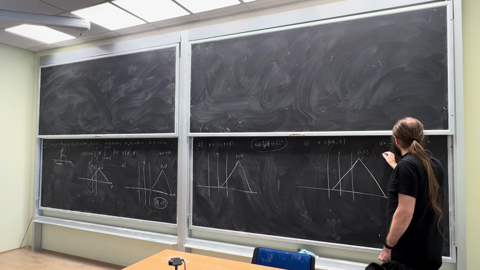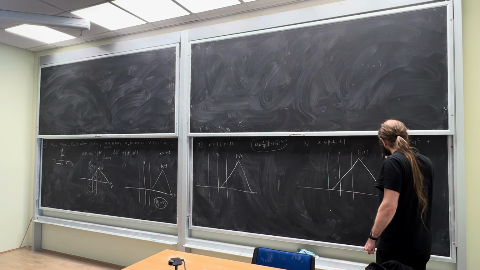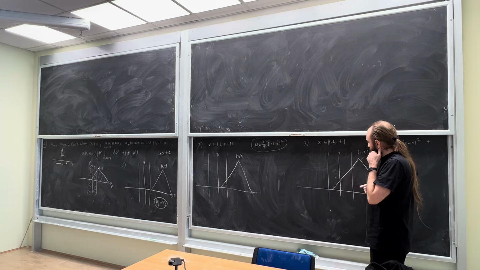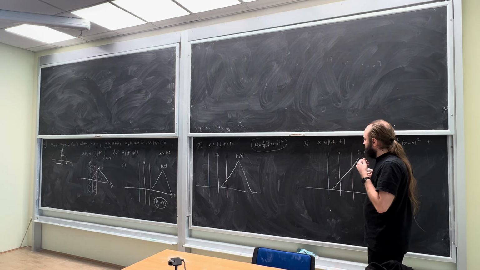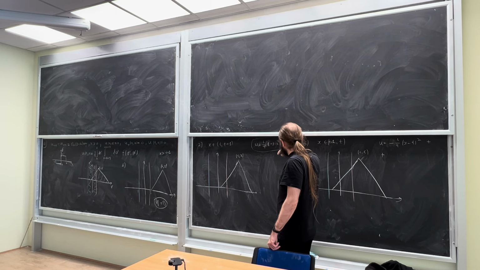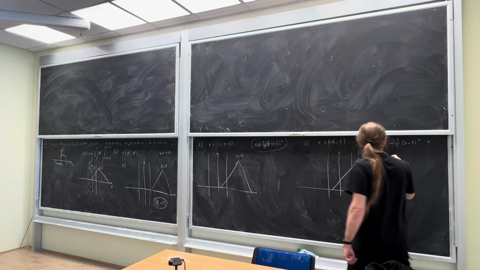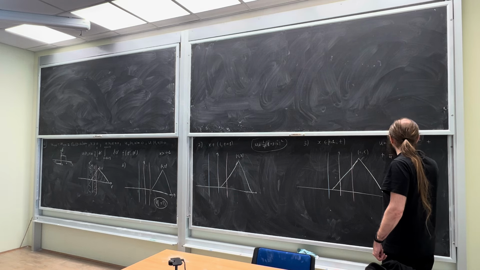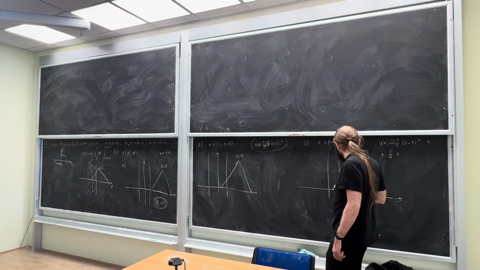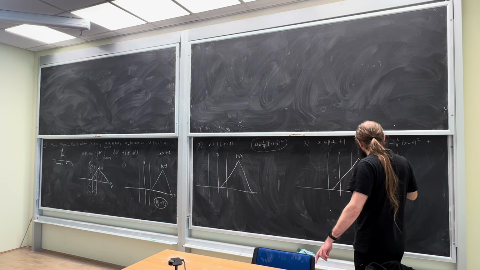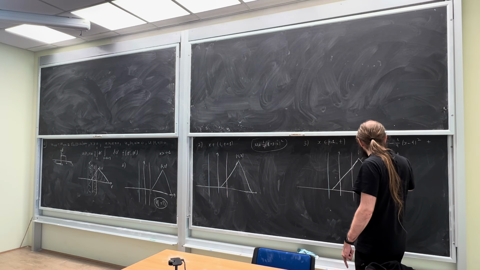Then plus this function will be linear, has some initial value for x equals t, and it equals this one quarter. 1/4 plus this is the value, plus the height.